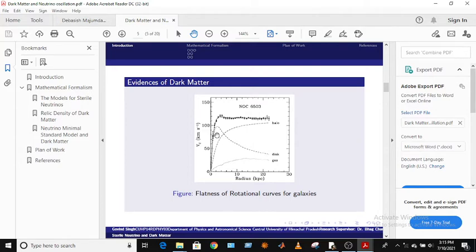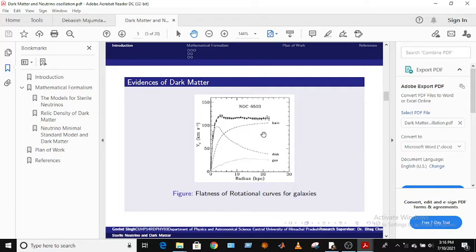But when we plot the data, after the center and outside the galaxy, it is a flat line. So the galactic rotation curve of the galaxy is flat. This can be due to the presence of dark matter.